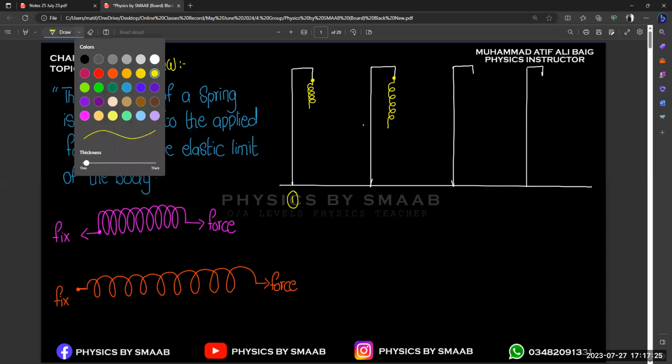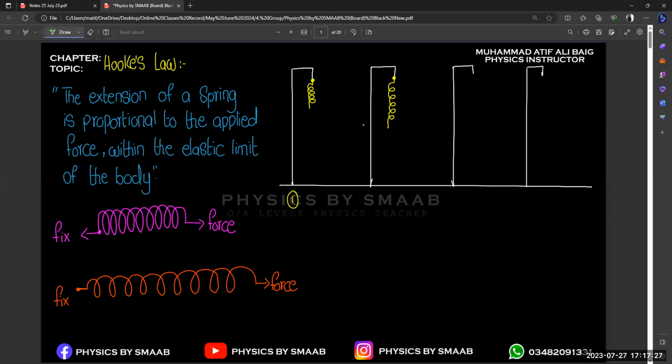If we hang a mass with it like this, this mass will be, let's suppose, 20 grams, right? And you all know how to convert mass into weight. You just need to use the formula W equals mg. With the help of that formula, you can easily find out the value of weight, right?